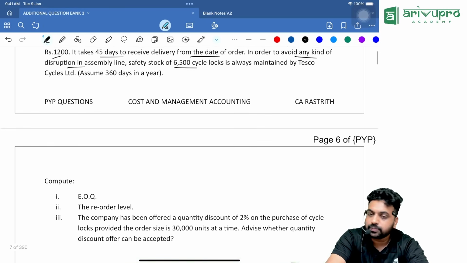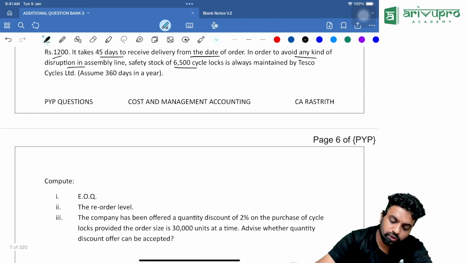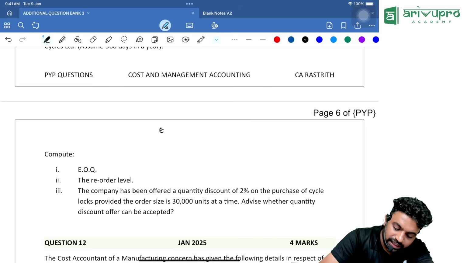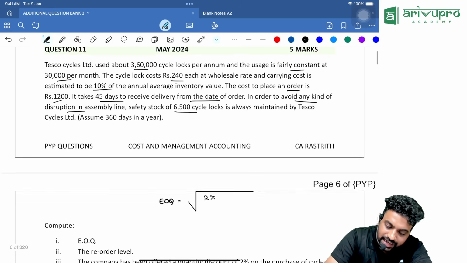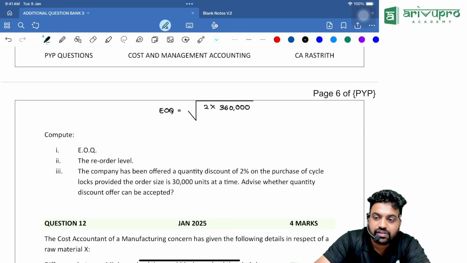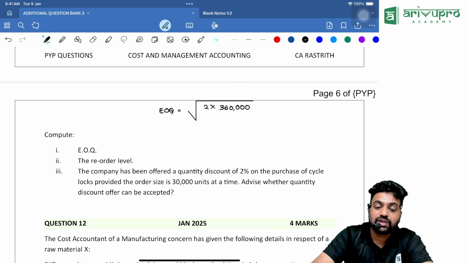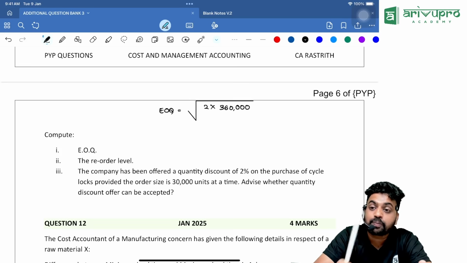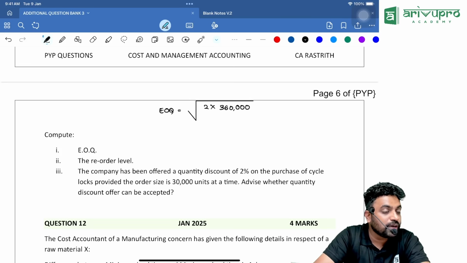They are asking you EOQ. So your EOQ is equal to square root of 2 into A, how much, guys? 360,000 only. What if they told opening cycle lock of 60,000 is there? You should have taken only 3 lakh for EOQ purpose. Try to understand, EOQ and ROQ relate to purchases, so whenever you compute EOQ and ROQ, it should be on the basis of units to be purchased.